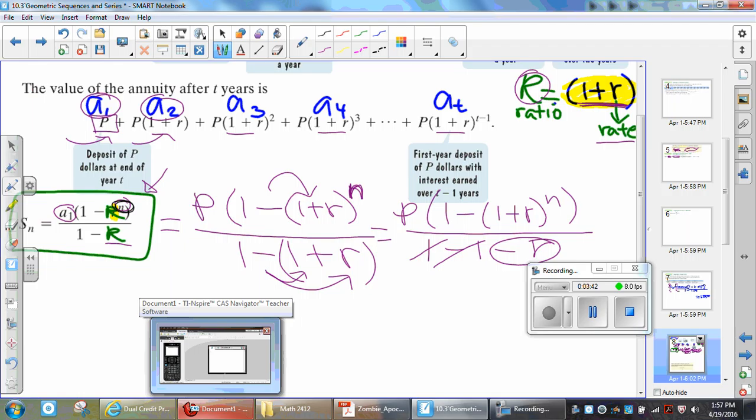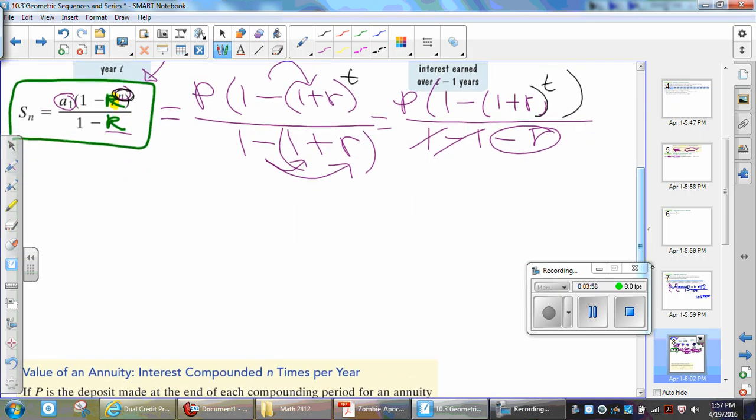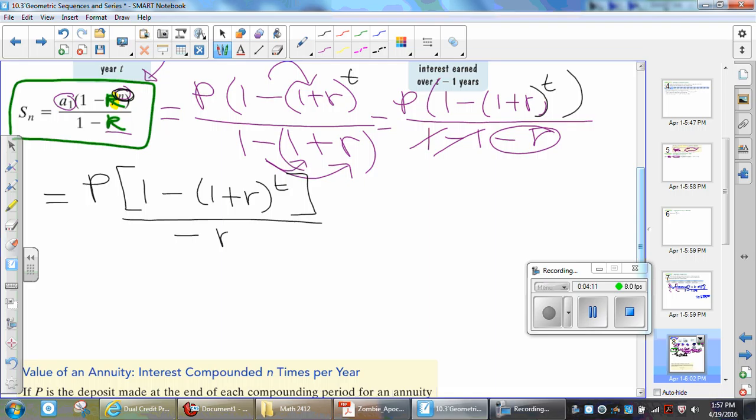You guys remember we established that? A sub t. So what I'm going to do is change n here and here with a t. Okay, so now that we got that out of the way, we got P times 1 minus 1 plus r to the power t, bracket, over negative r.